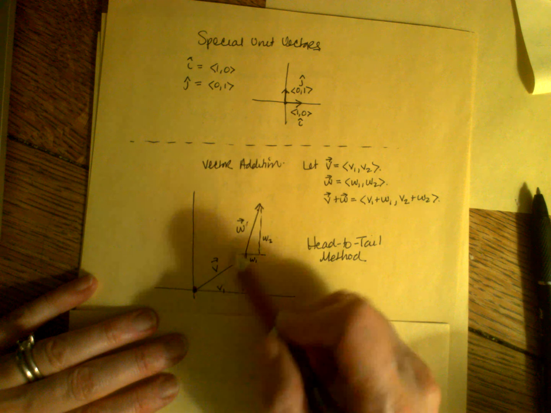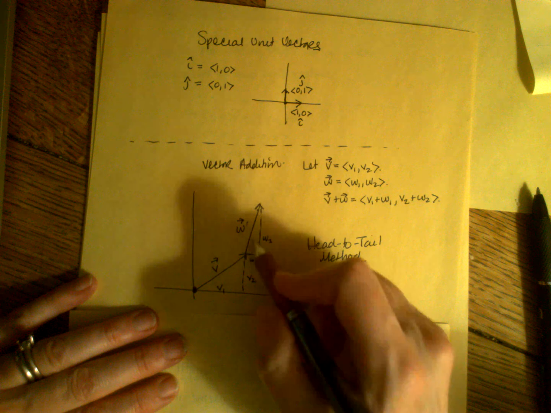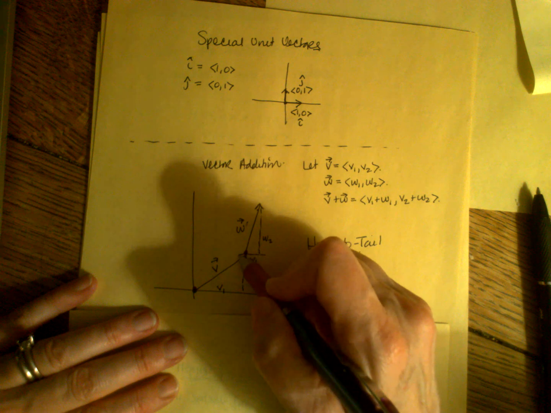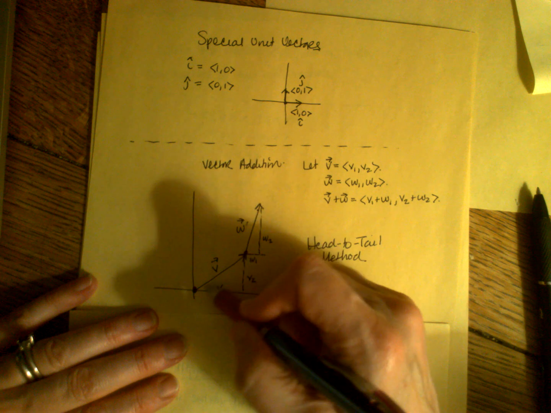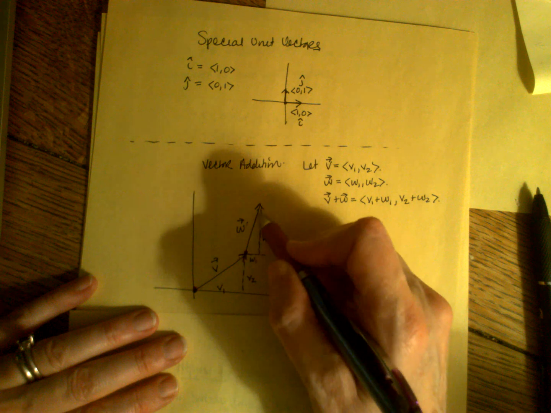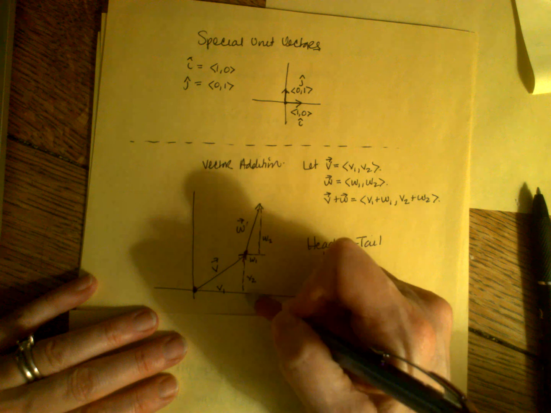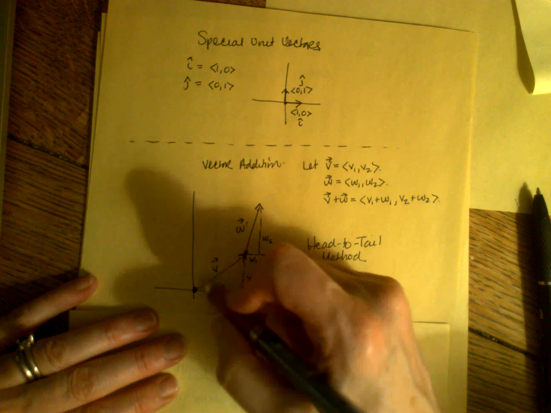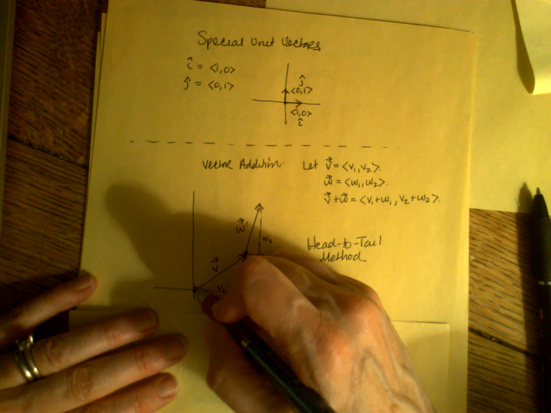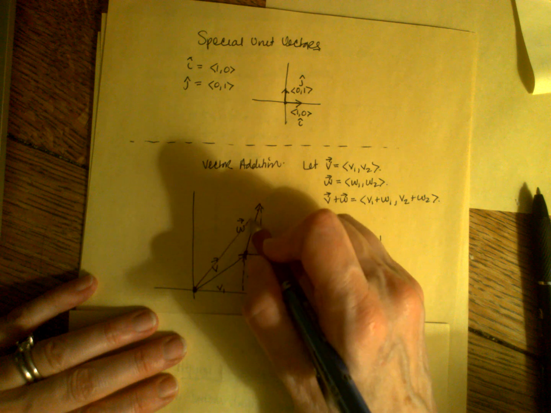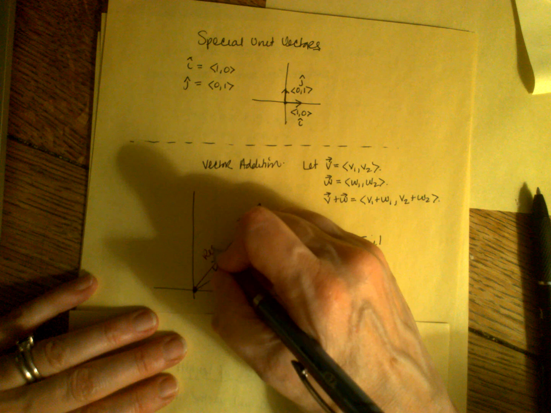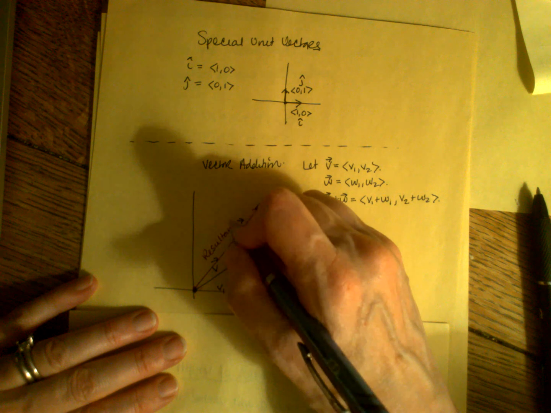When I'm adding them, I'm putting the tail of vector w at the head of vector v. This is vector v first, tail of w is at the head of vector v, so this is v plus w. And when I add them, the resultant starts at the tail of the first one and ends at the head of the second one. So this is the resultant. This is the sum of those vectors.